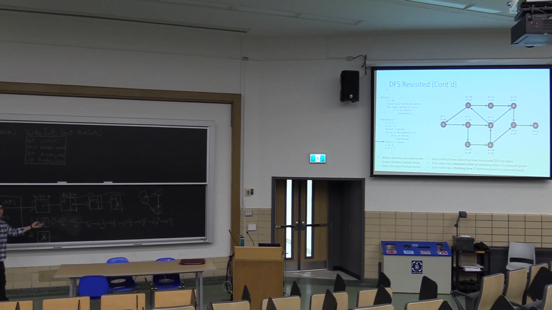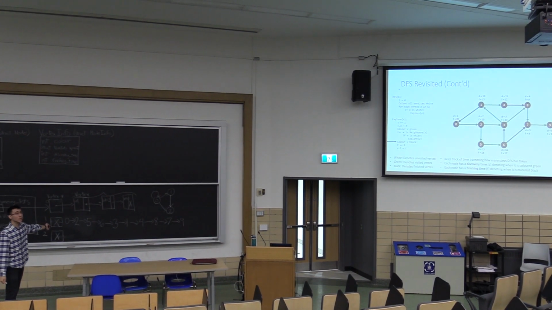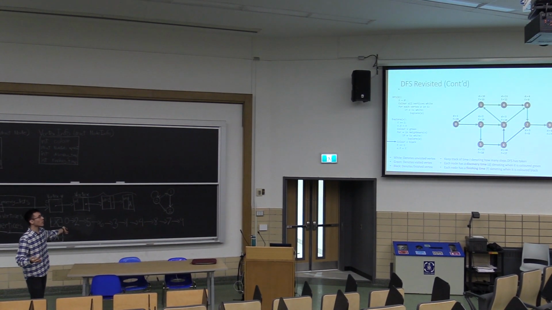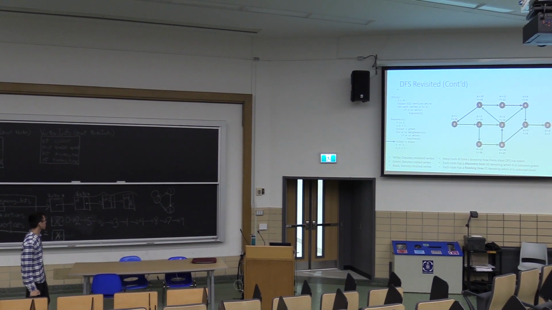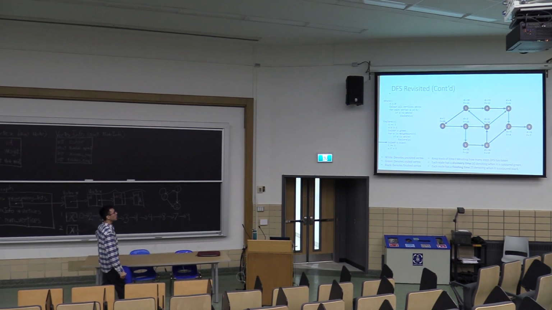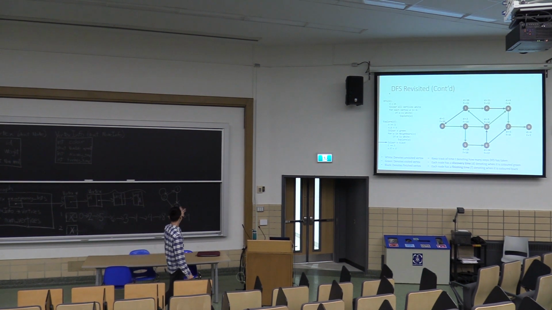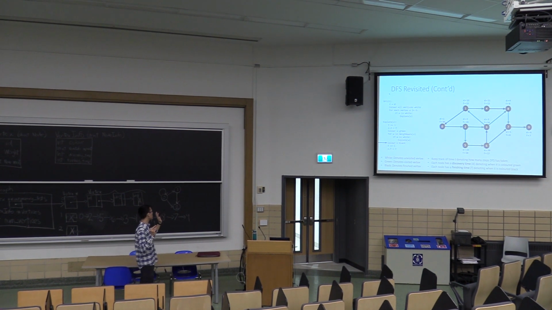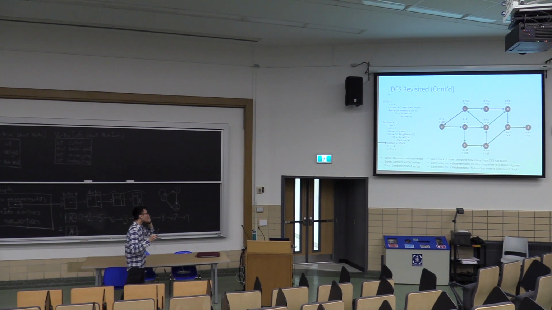And this is our topological sorted list that we got directly from slightly modifying our depth first search. You'll notice that it goes 0, 2, 5, 6, 3, 1, 4, 8, 7, and then finally 9.